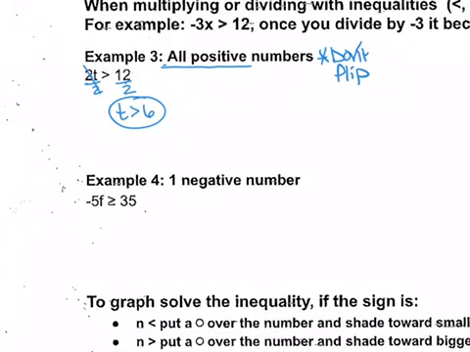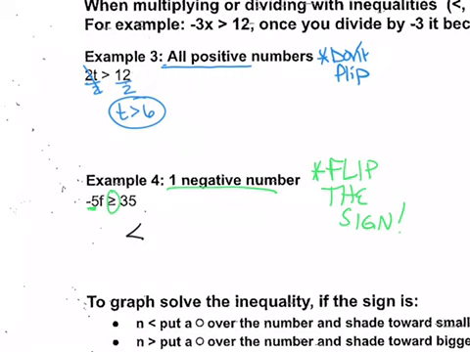Okay, but now I gotta look at example 4, and there's a negative number. I've got a negative 5. So that goes ahead and tells me that I'm gonna flip the sign. So you guys don't like negatives, neither does this guy. So he's gonna go ahead and flip himself around to be that.